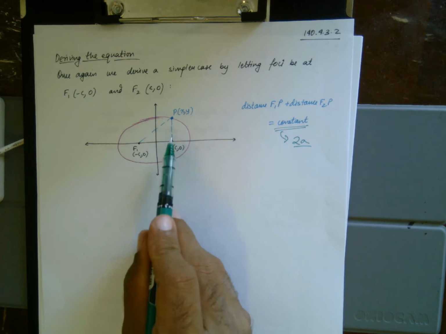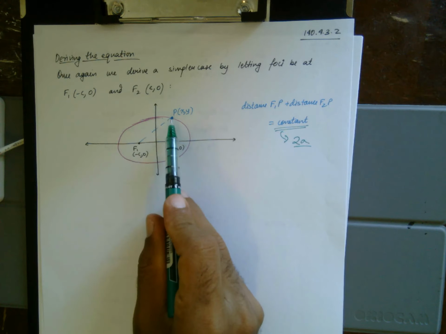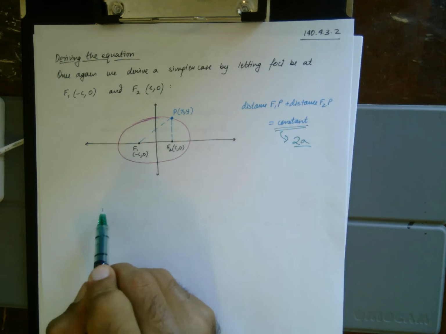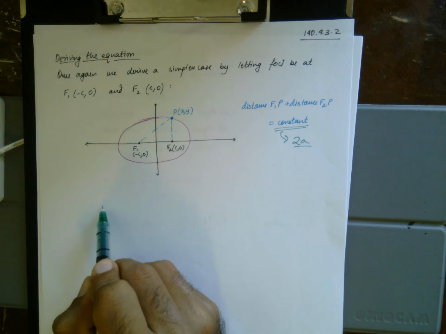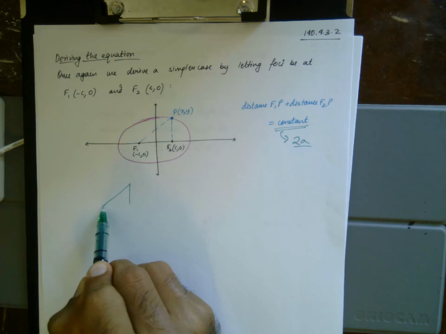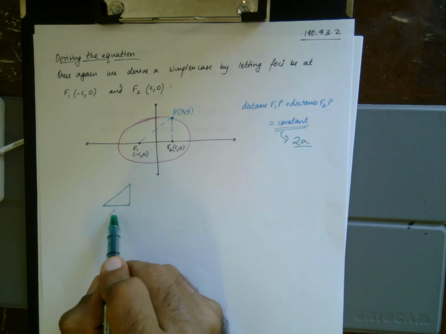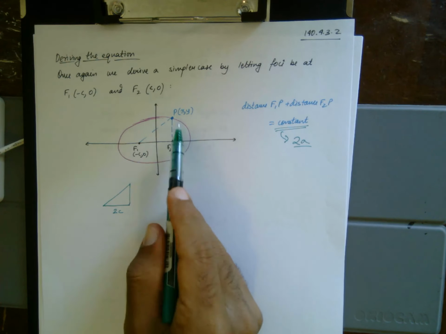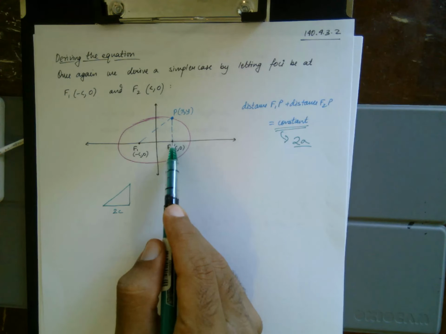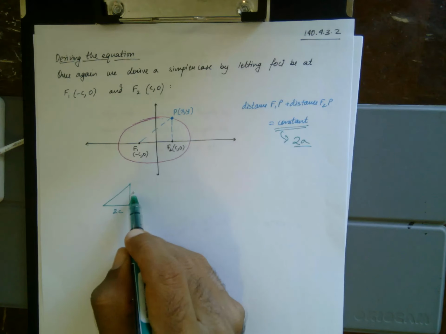So let's write this distance, F1P. So this is a right angle triangle, right? This length is 2c. This height here, what's that height? The height is y.